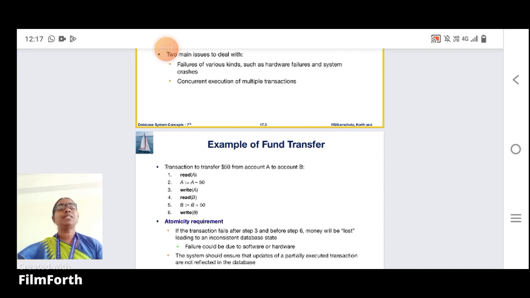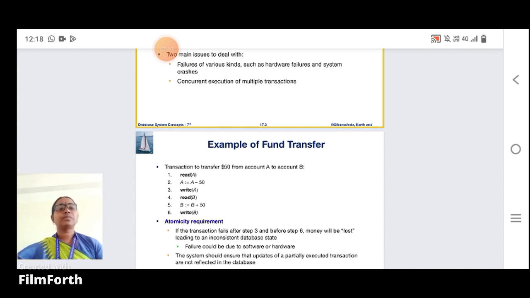So the total amount is 1000 plus 2000, which is 3000. First we have to read A, which means reading 1000. Now A equals 1000 minus 50, which gives 950.